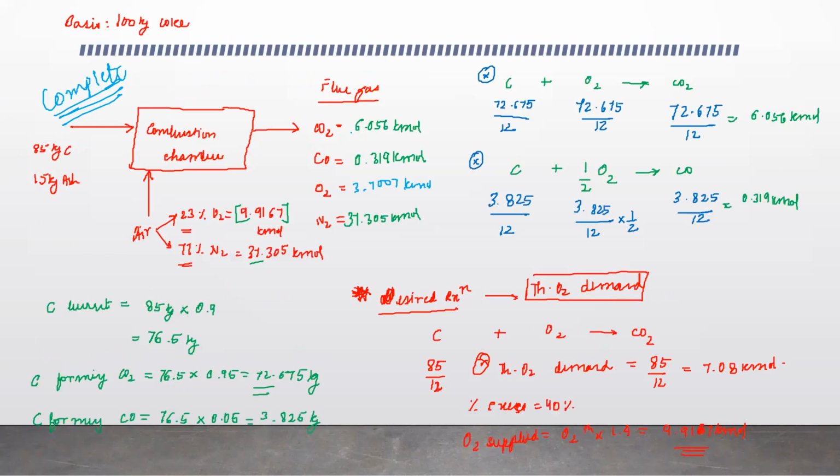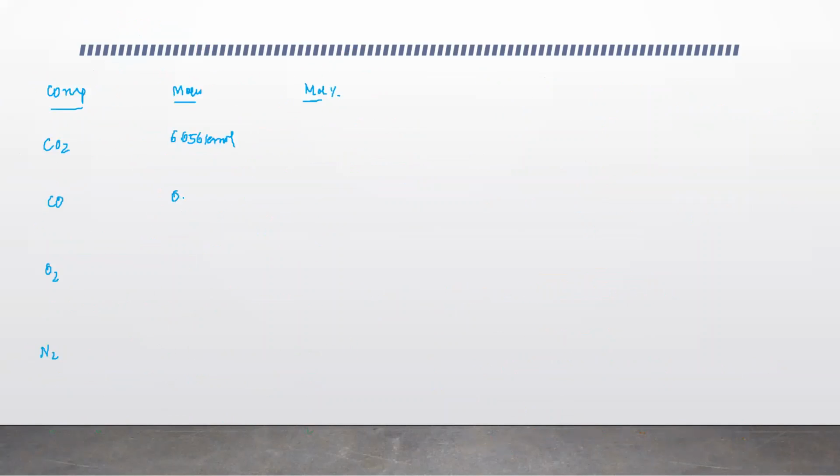So each component, I'll just list it out: carbon dioxide, carbon monoxide, oxygen, and nitrogen. So the moles of carbon dioxide are 6.056 kilomoles, right? In carbon monoxide, it's 0.319 kilomole.